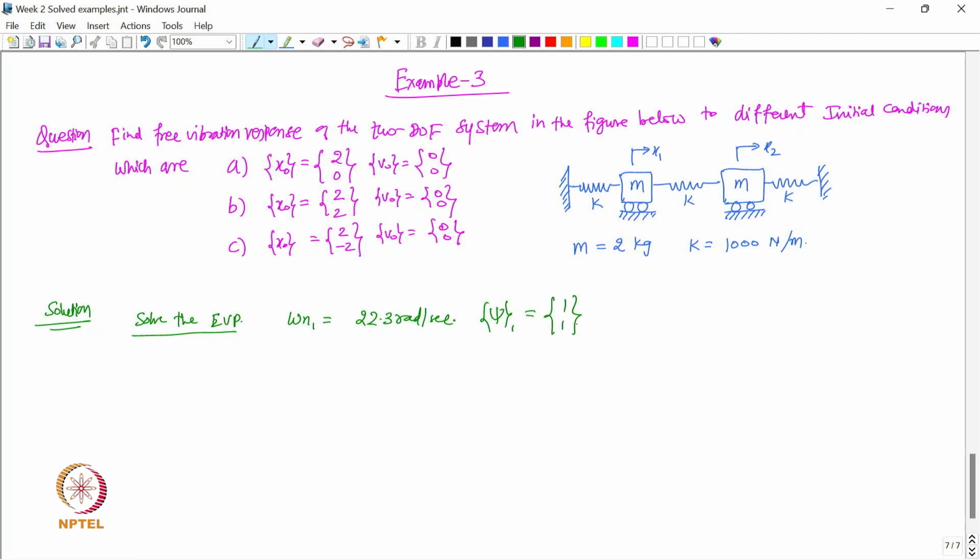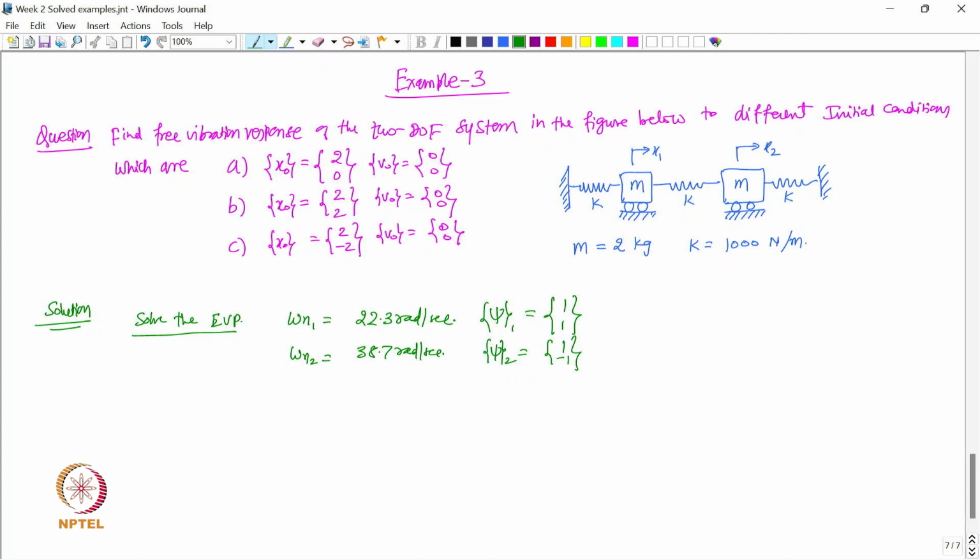So, this in fact we have solved in the lecture classes. Only thing is that now we have substituted the values of m and k in those expressions and we have got the eigenvalues. And then the second mode has natural frequency 38.7 radian per second and the mode shape is 1 minus 1, correct.